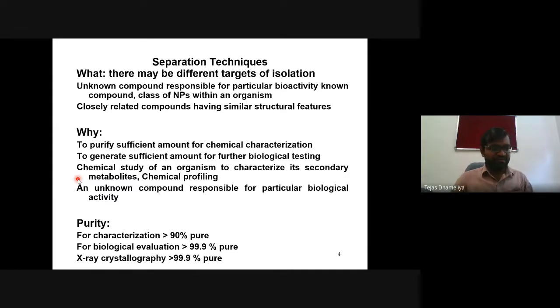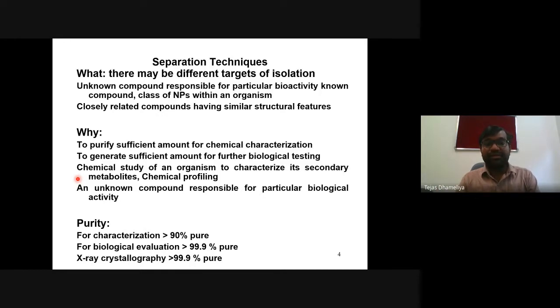Whatever formulation you may develop, you do its stability study, whether these kinds of compounds are stable at so and so temperature, so and so condition, so and so relative humidity. At that time, if it has undergone degradation, then in what circumstances will you characterize the metabolites? So if you want to characterize secondary metabolites, for this purpose also you need to deal with such kinds of compounds.